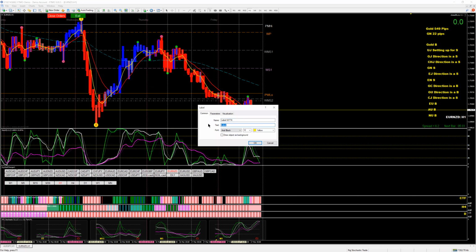The total is equal to 549 pips, and this is per lot, times 10, plus 22 times, and New Zealand gives you 6.47.